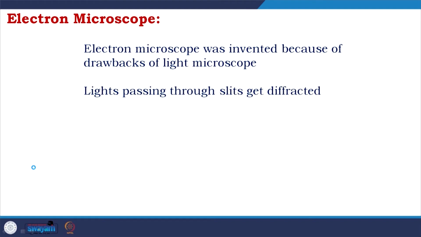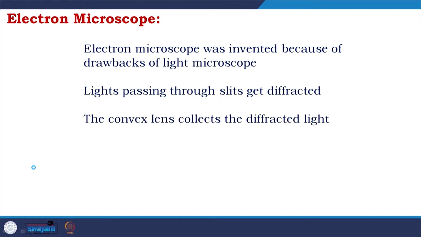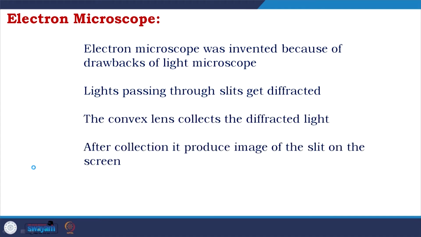Light passing through slits gets diffracted. The convex lens collects the diffracted light, and after collection, it produces an image of the slit on the screen.